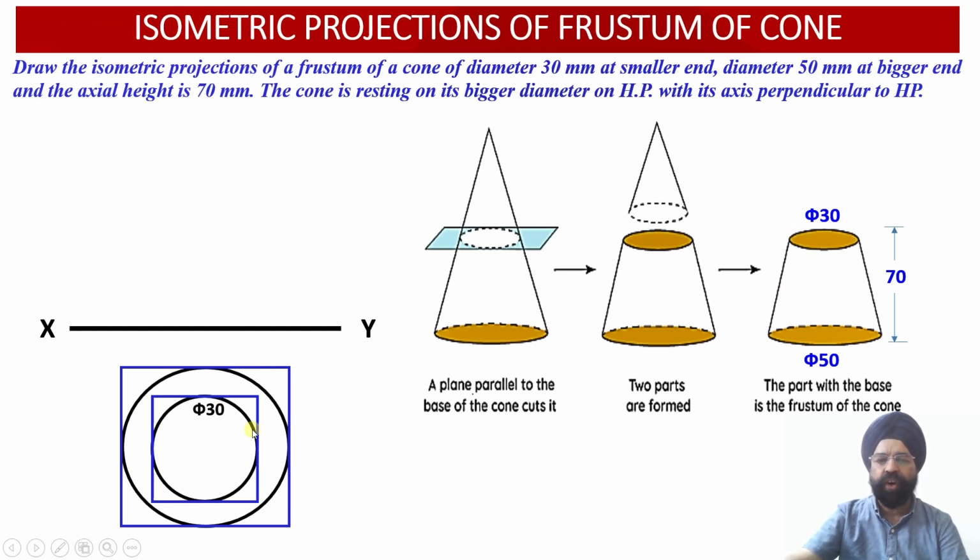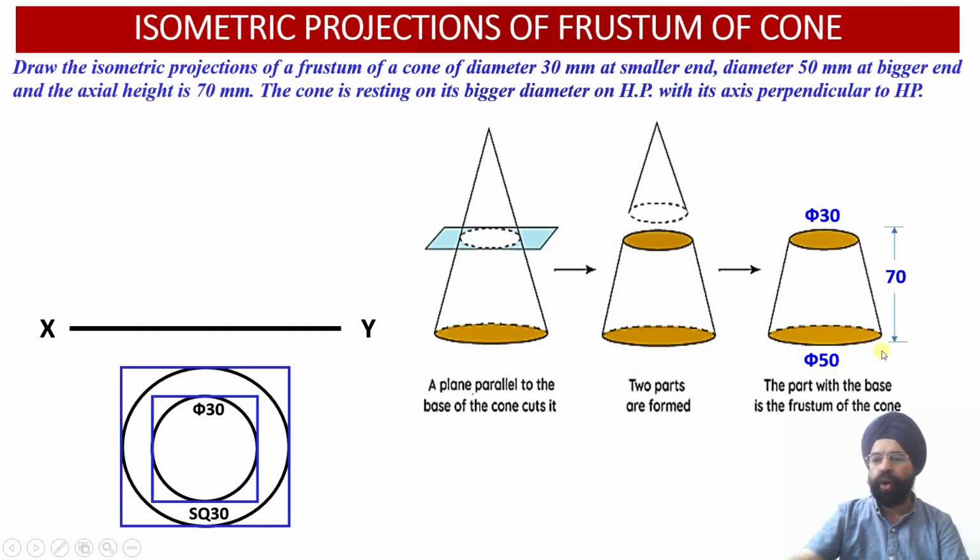And we cannot draw this 30 millimeter circle onto the isometric projection straight away, because this circle will be looking like an ellipse in the isometric projection. So we have to inscribe this circle into a square, and the side of the square will be 30, that is, this edge will be 30 and this edge will also be 30.